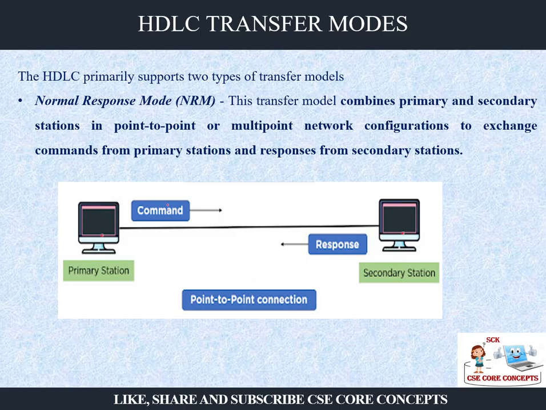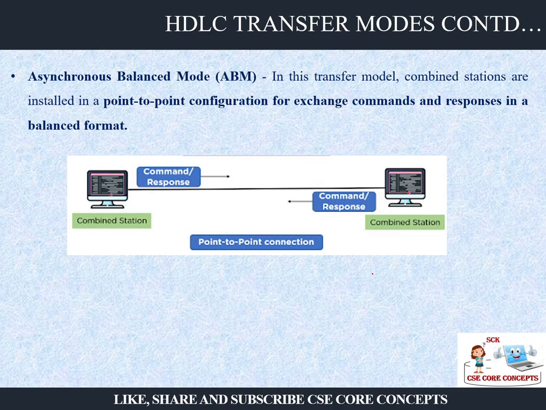So it is a very normal type of mode, where there is one primary station and one secondary station in a point to point connection, or multi-point, meaning the primary station can be connected to other secondary stations also, and they are sending commands and responses.